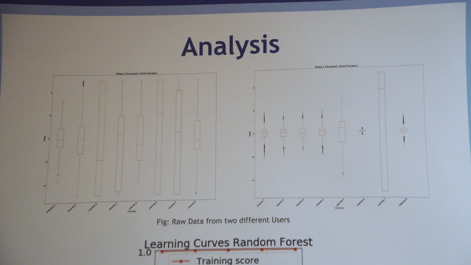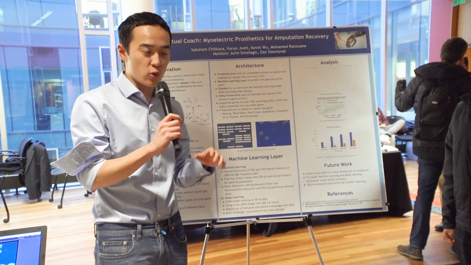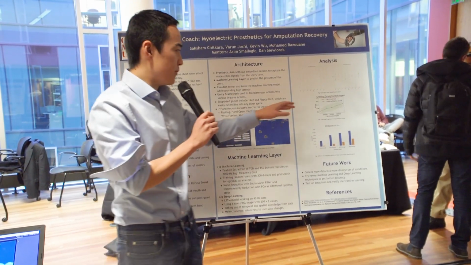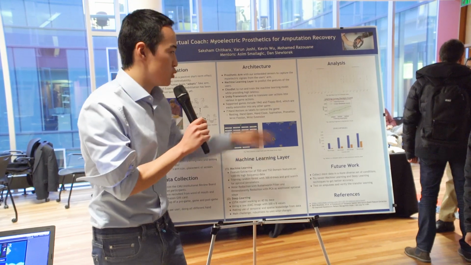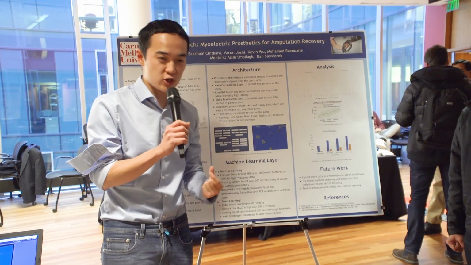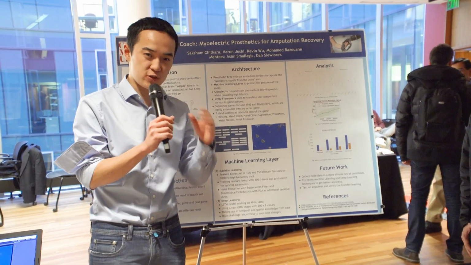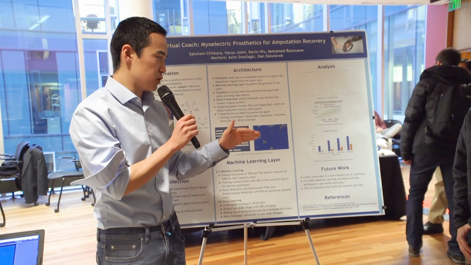Perhaps it's a bit too far from your perspective, but what you see is that the values for the same movement for two different users are very different across each channel, meaning it is very difficult to know, if you just look at these graphs alone, if those two users were performing the same movement. So we wanted to extract features from those raw values that would better capture what movement a user is doing, and have those features ideally be very similar for the same movement across different users.